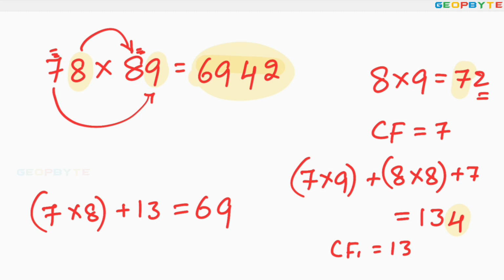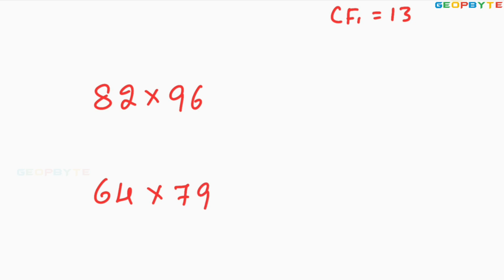Dear friends, I am going to give some homework problems for you. You practice these problems at your home. If you have any doubt, you please send your doubt to GeoByte. Definitely I will answer for all your queries. So the homework problems are 82 into 96, 64 into 79.